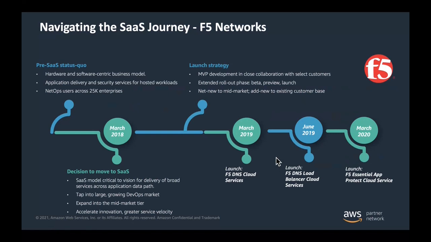So basically, following this MVP approach and focusing on one single use case and a target audience, they built step by step, and then used all those learnings to launch other products in the market. And I think even after March 2020, they probably launched a few others in the SaaS business model using all this knowledge.